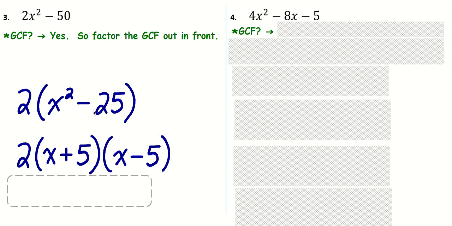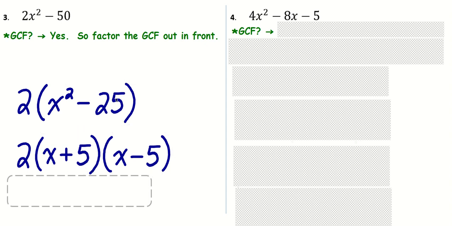When it's the difference of 2 perfect squares, there's going to be basically the same 2 binomials, except one's got a plus and one's got a minus. And by the way, another way you could have approached this, you didn't have to notice that this is the difference of 2 perfect squares. The square root of x squared starts the bubbles, and the square root of 25 completes each bubble. You could have done it like I did.